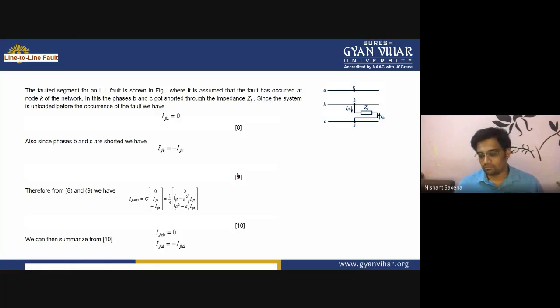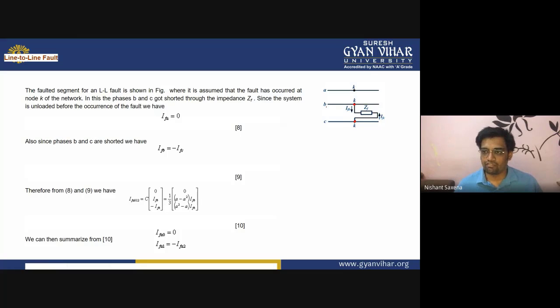Look at this diagram. In this, we can see that we have the K node which gets short circuited with the other K node of the other line.